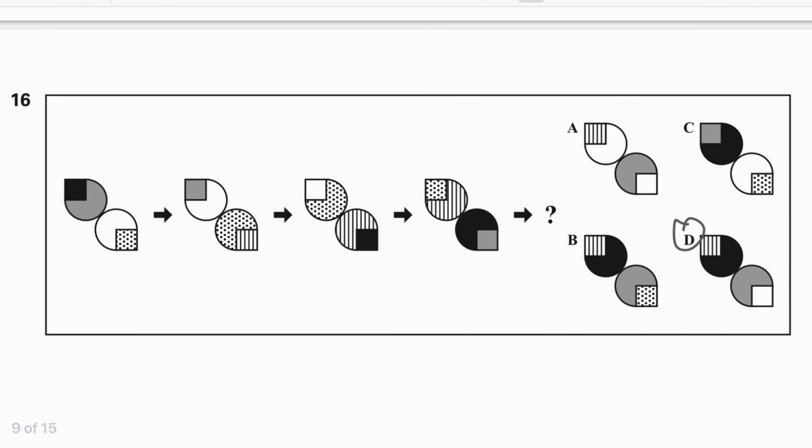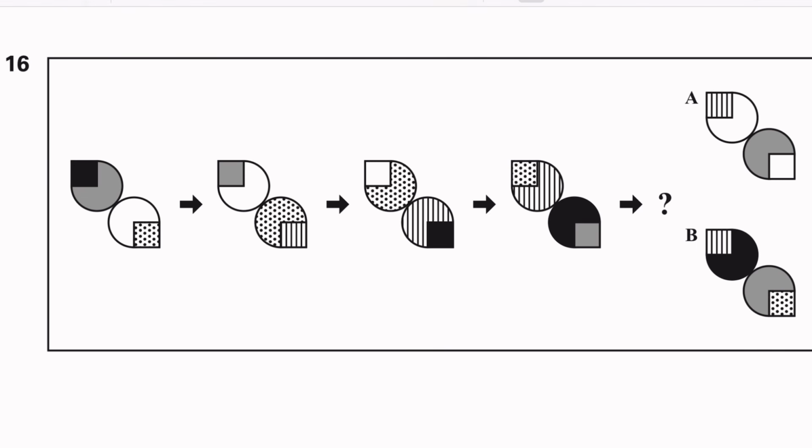Question 16. With question 16, we need to look at color and the position of these colors, okay? Similar to some of the ones we've done today. So, if we look here, this gray color moves up and it comes here. And this white color moves up and comes over here. So that shows the colors are moving in this direction, from bottom right to top left, okay?